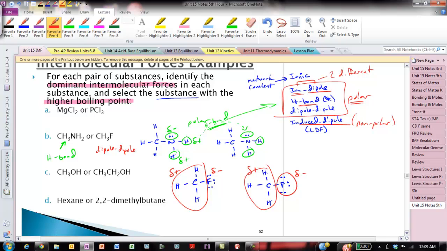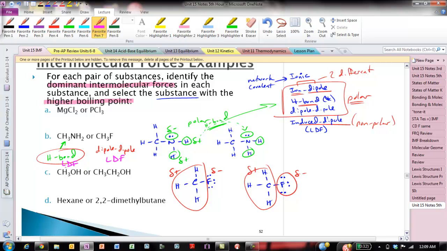So if you were asked to pick which one has the higher boiling point, we're going to go with the hydrogen bonding as stronger. The other thing I need to add in now is both of these have LDF. And so the LDFs, you're like, well, they both have them, so it kind of cancels out. That's not always true.